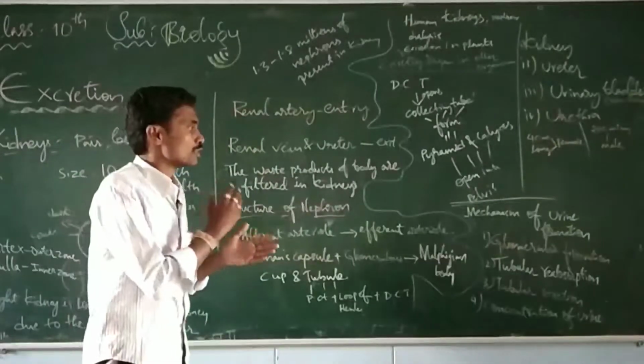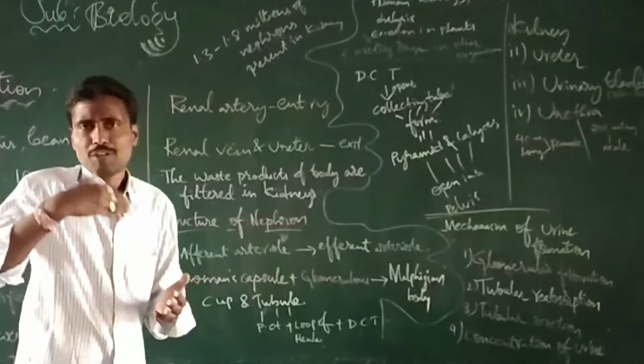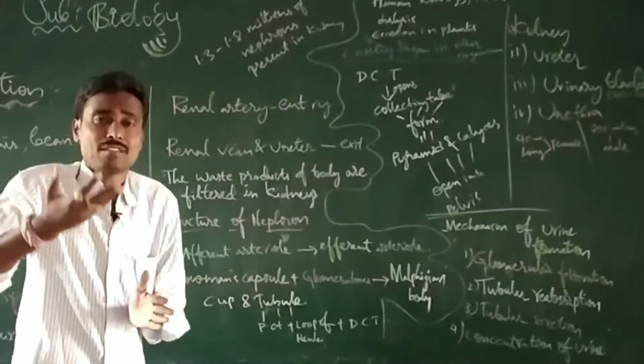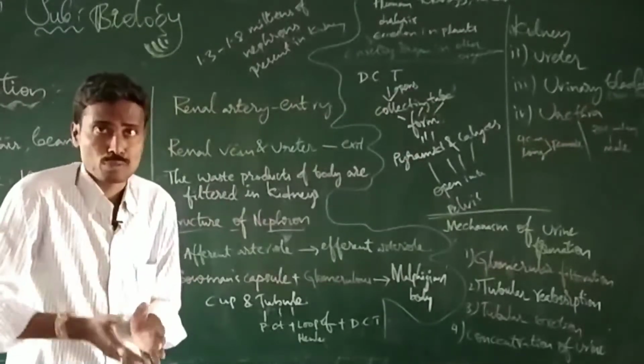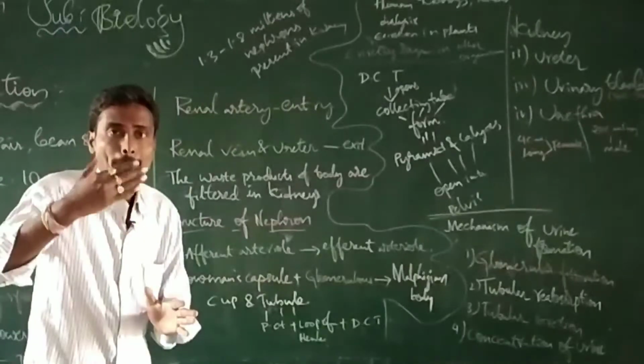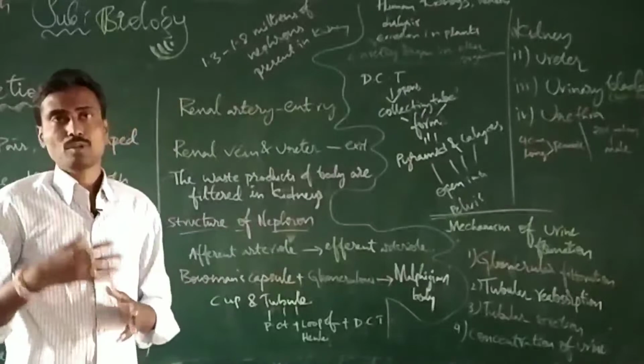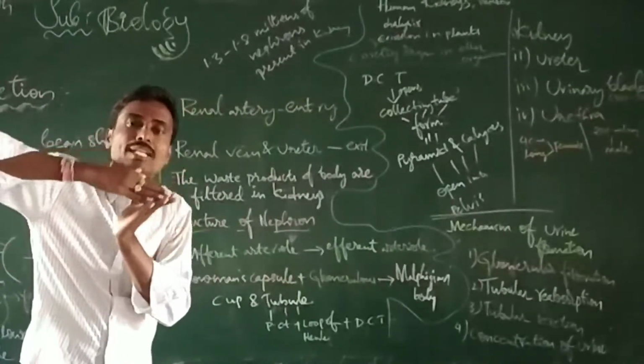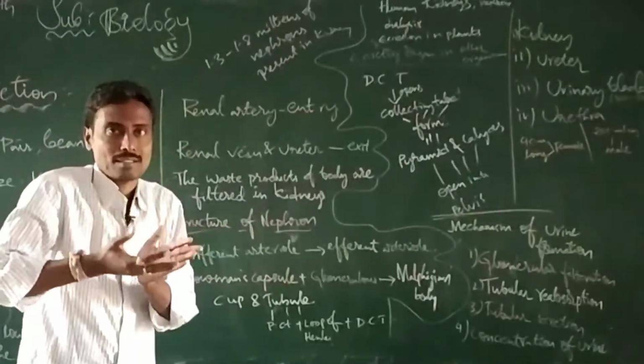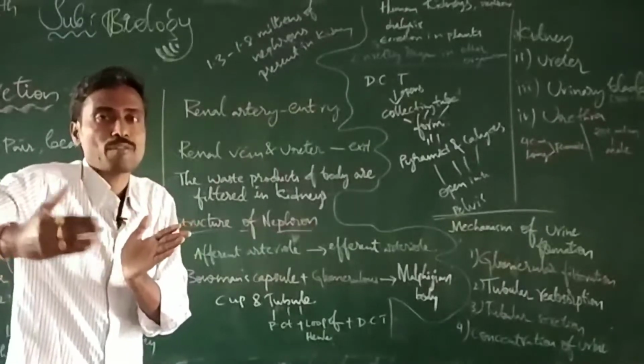Next, what is left over? Tubular secretion. We observe unnecessary, which means not useful, ions, especially potassium and sodium, in unnecessary excess amounts, to be eliminated from our body.